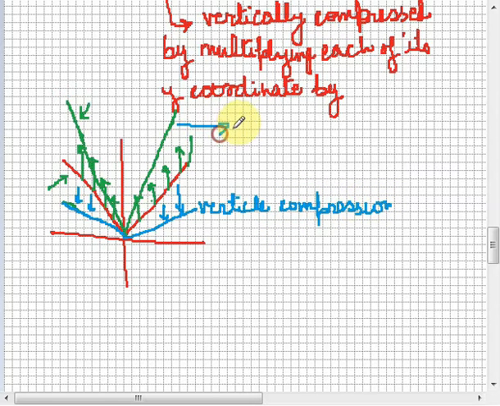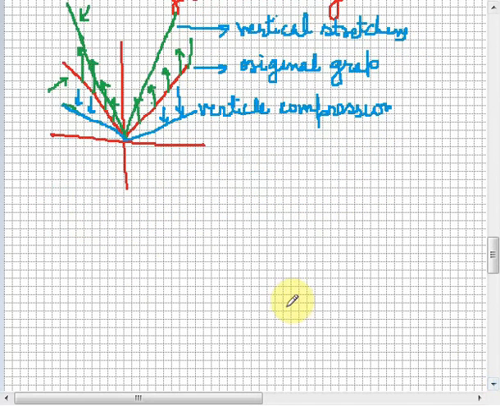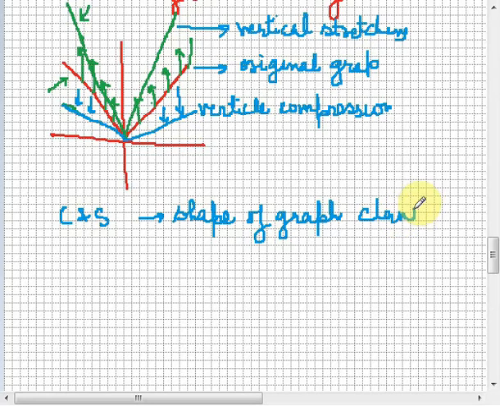And this is vertical stretching, and this is the original graph, right? So in vertical stretching and compression, the shape of the graph changes, as you can see in the above figure.